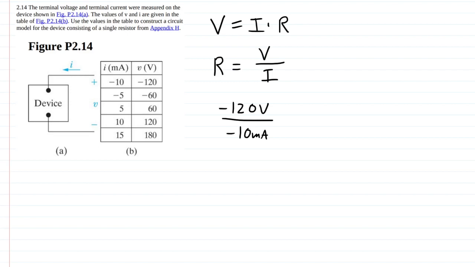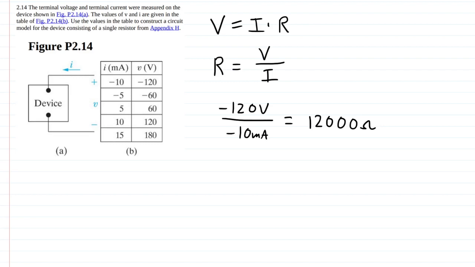That basically means multiplying the top by 100, because 10 milliamps is a hundredth of an amp. But you can do it any way you want: when you divide by a fraction, you multiply by the reciprocal. That ends up being 12,000 ohms.